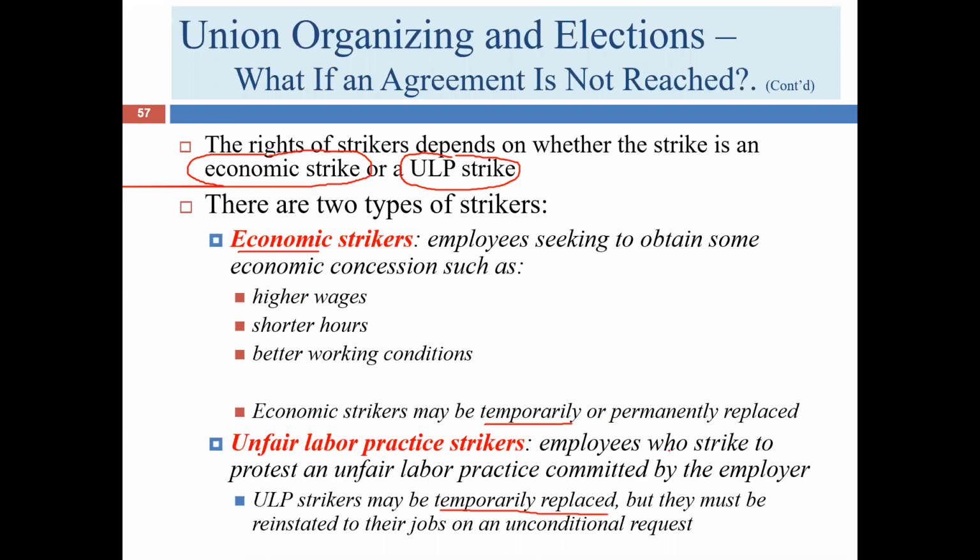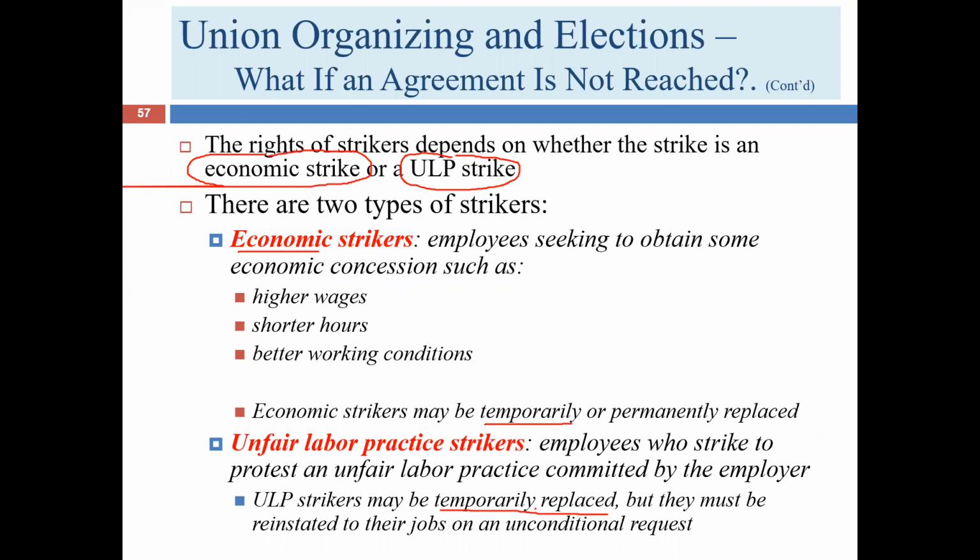So he's permanently replaced, but it's probably not permanently meaning for all time because eventually there will be an opening in Bob's department. And so in that situation, then the economic strikers will slowly be returned. But it could be weeks, months, even years before those openings happen. And so you can see that that's a pretty disadvantageous position for economic strikers.